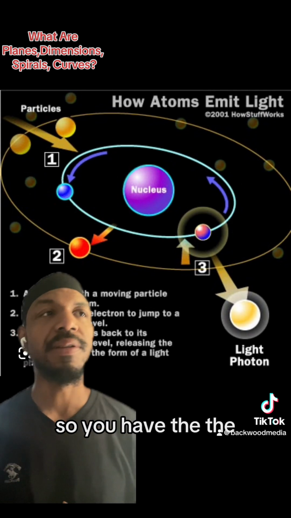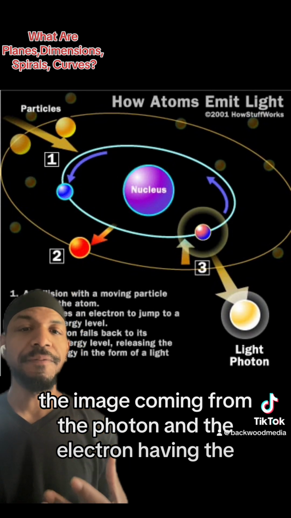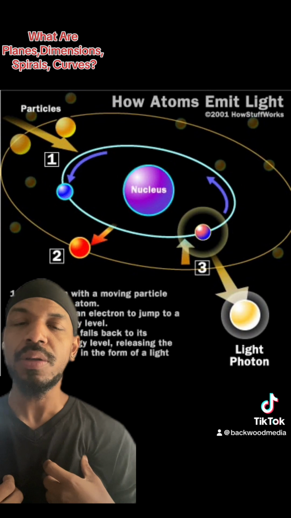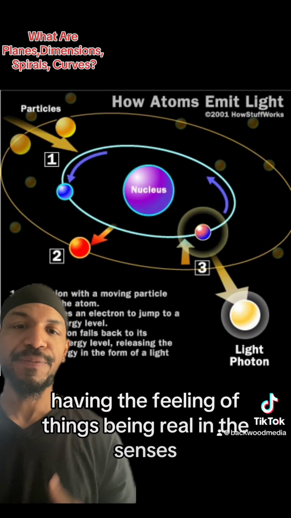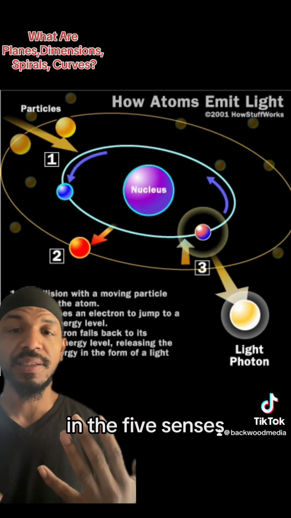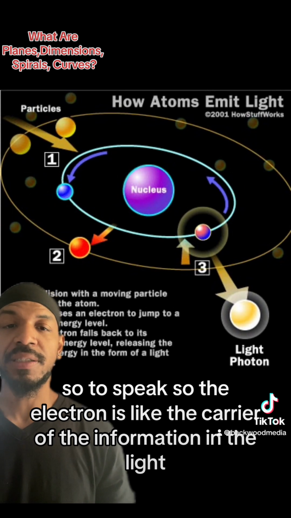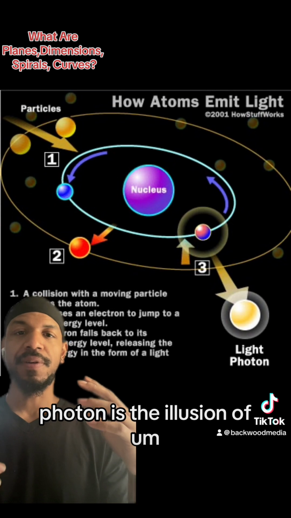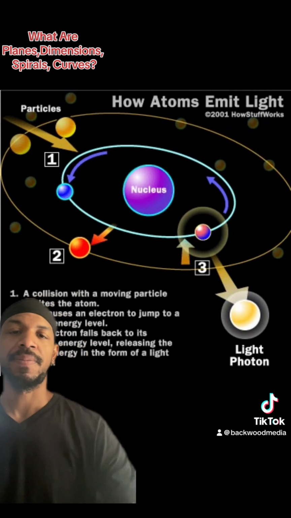So you have the image coming from the photon, and the electron having the, what would you call it, the feeling of things being real in the 5 senses, so to speak. So the electron is like the carrier of the information, and the light photon is the illusion of physical matter, in a sense.